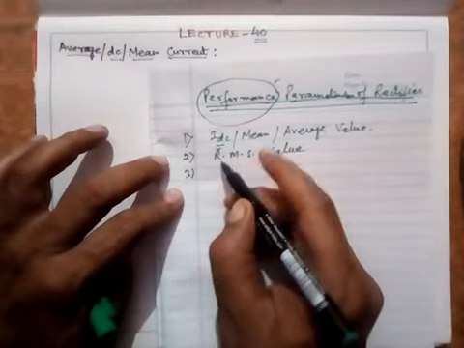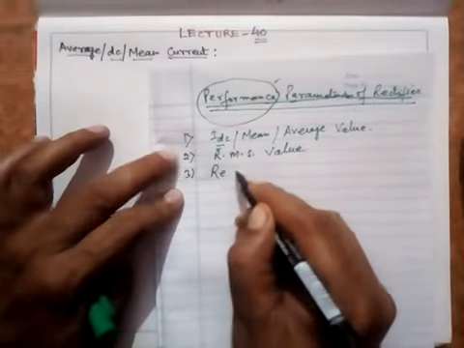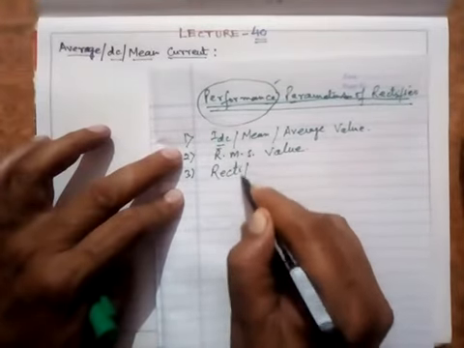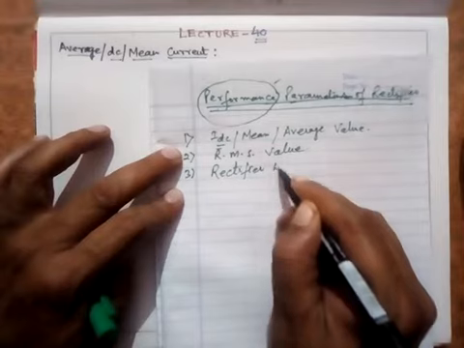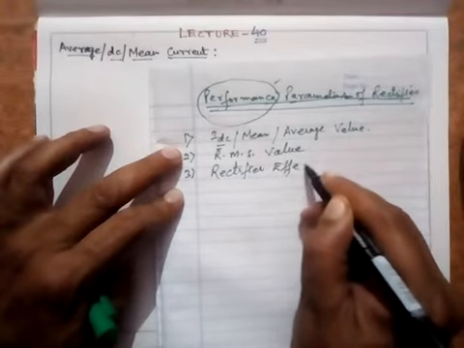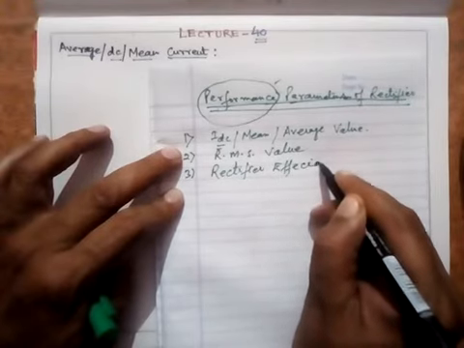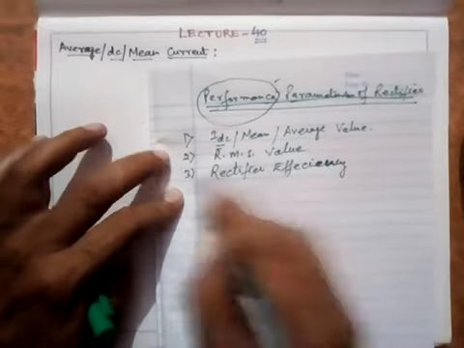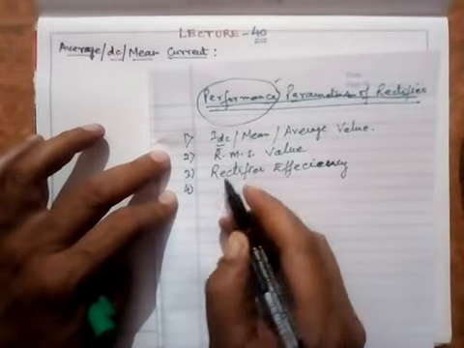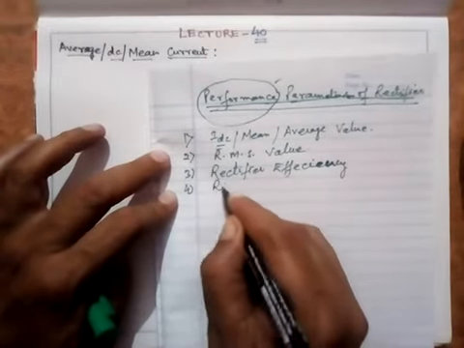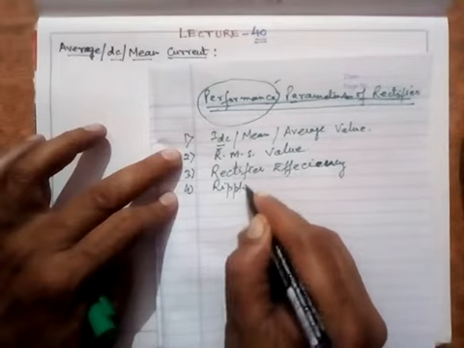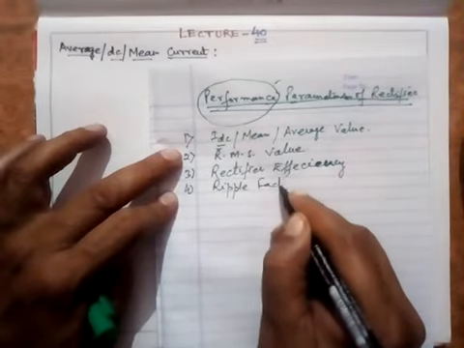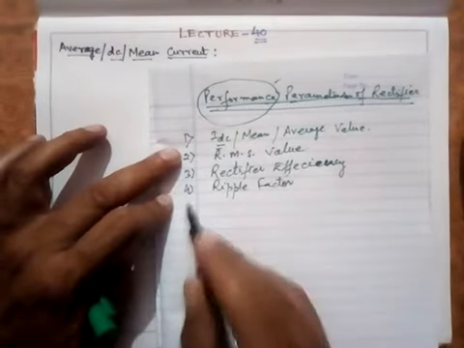Third, we'll discuss the rectifier efficiency. Then another parameter is the ripple factor.